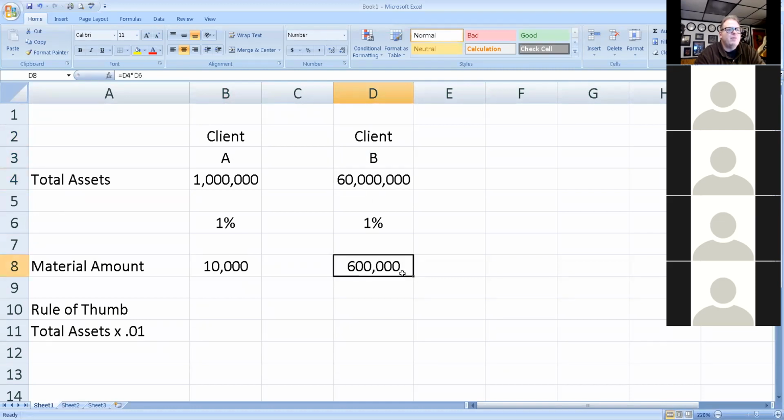So for client B, maybe it's, you know, $600,000. So the ratio of these is actually similar, right?